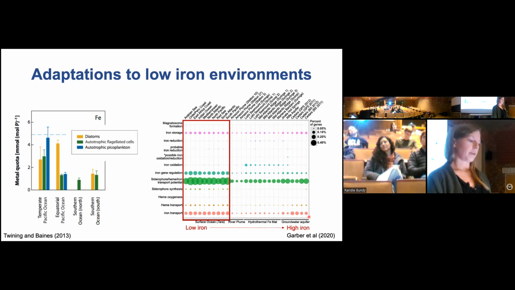One thing I want to draw your attention to is that the size of these circles shows the percentage of total genes in that metagenome that are dedicated to these different metabolic processes. And you can see that in this low iron data set from the surface ocean, certain things jump out. One of them is these large circles here for siderophore transport and iron transport. I want to talk to you a little bit more about what those are.